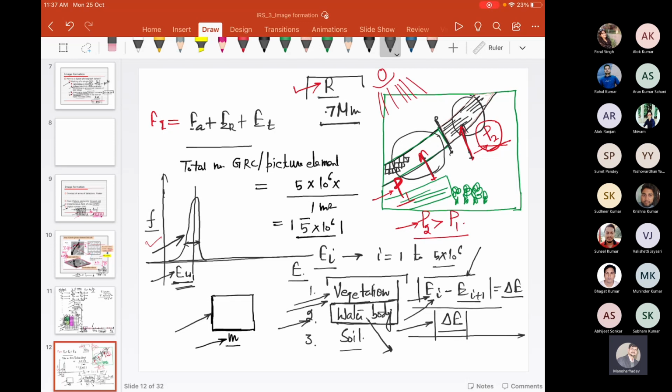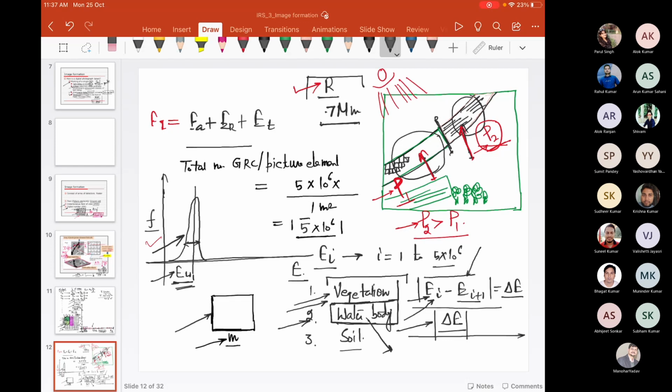But when we consider the first case, this part is the second case, while this part is the first case.